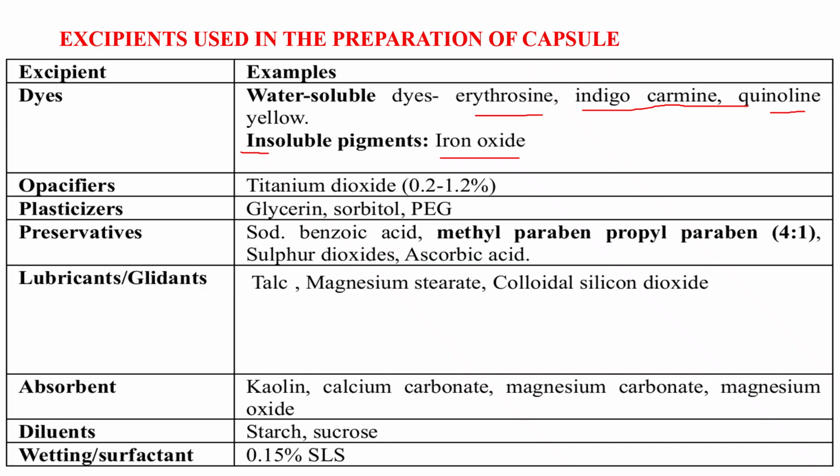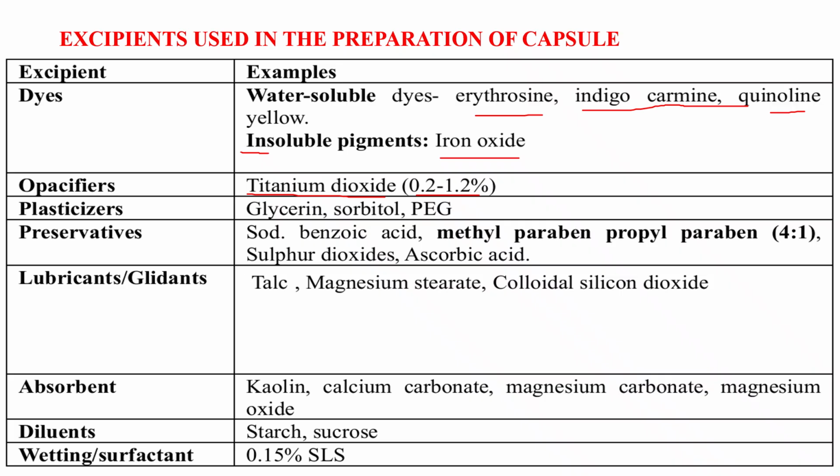Now we are going to discuss opacifier. Titanium dioxide in the range of 0.2 to 1.2%. In this concentration, titanium dioxide is used as an opacifier in the preparation of capsule. Plasticizers. Why is plasticizer important?